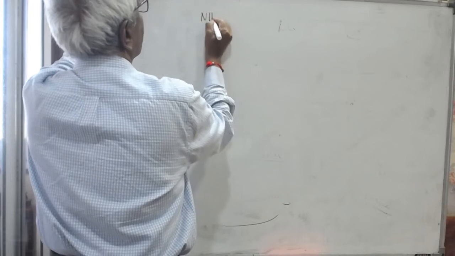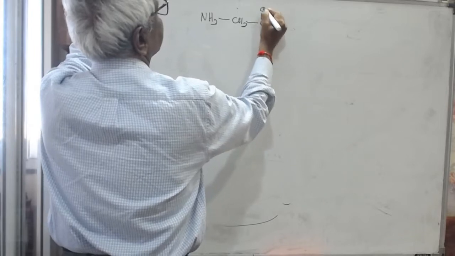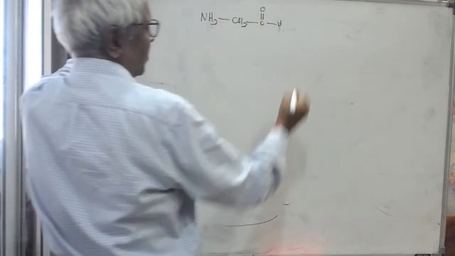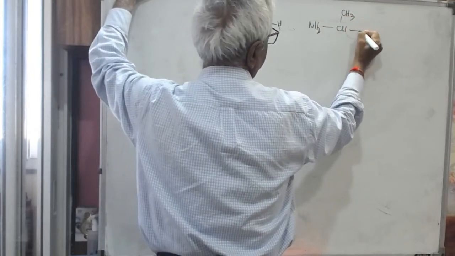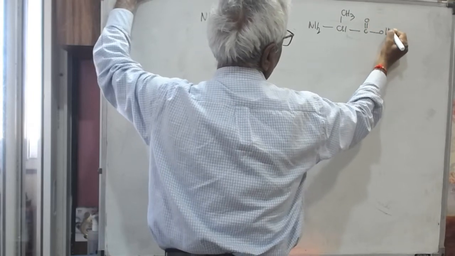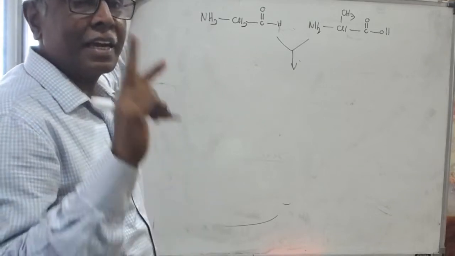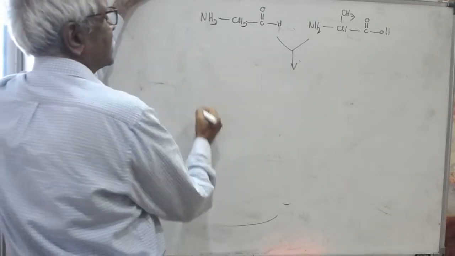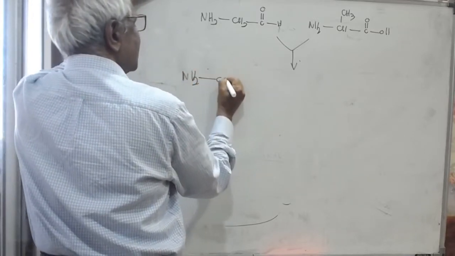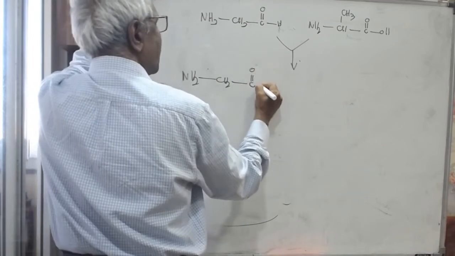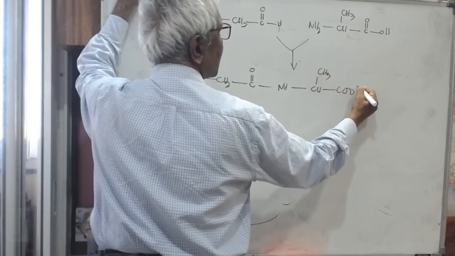Now, suppose this is glycine and this is called alanine. When these combine to form a dipeptide, it can give 2 different dipeptides. Suppose you see NH2CH2CO NHCHCH3 COOH.